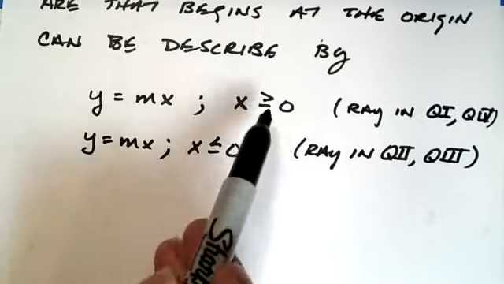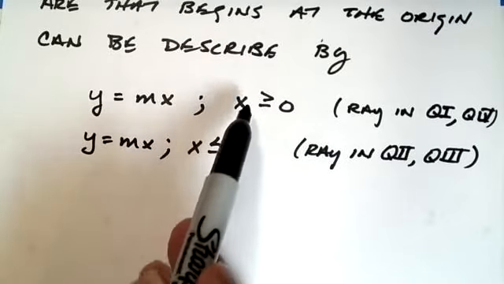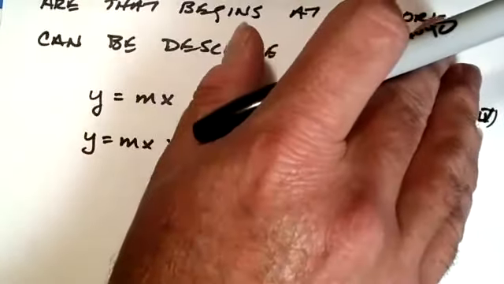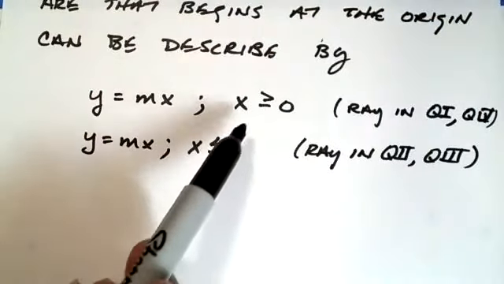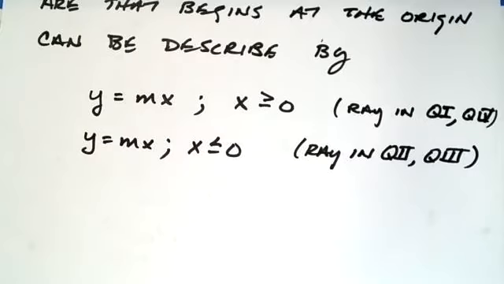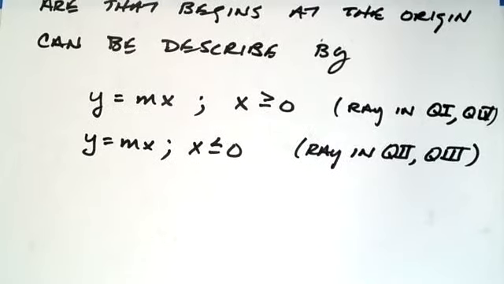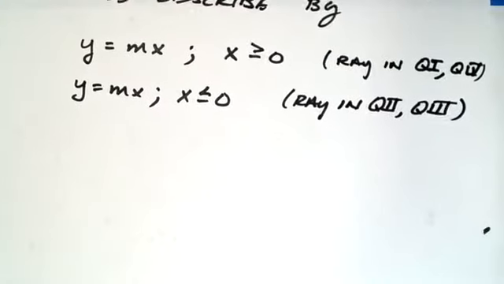But it is critical to understand that this extra little piece is what makes it a ray. Without that, it's a line. And so you need to have this extra bit to describe what's going on. So what the book does is it writes things like this.